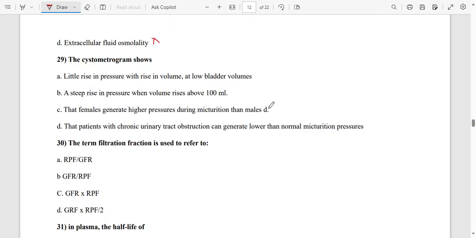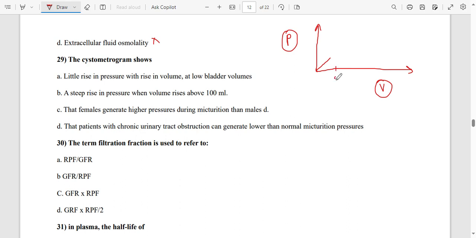29. The cystometrogram shows... Now, the cystometrogram is a graph that shows how functional the bladder is. It shows the pressure generated in the bladder when there is an increase in volume in the bladder. Normally when the volume in the bladder starts to increase, the pressure in the bladder also increases.